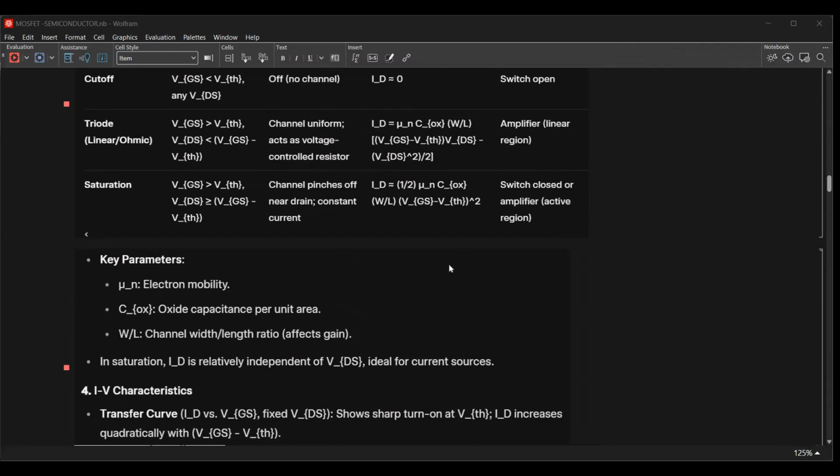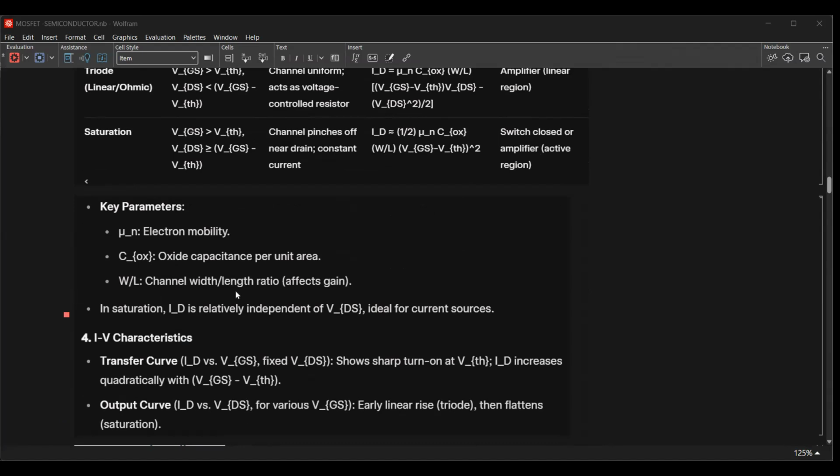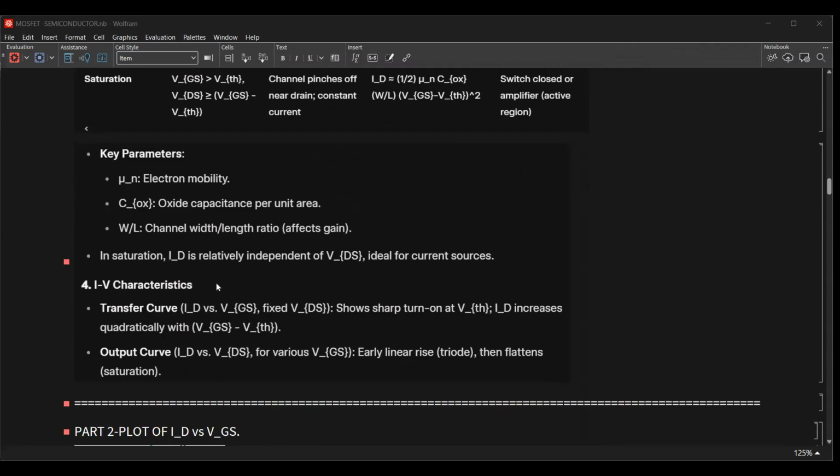Key parameters: mu sub n is the electron mobility, COX is the oxide capacitance per unit area, W over L is the channel width-to-length ratio. L is the channel length, and the width refers to the perpendicular distance from the length. In saturation, ID is relatively independent of VDS, so it is ideal for current sources.